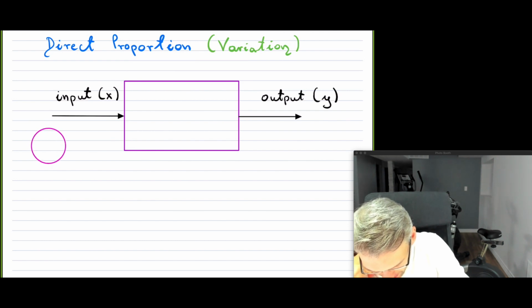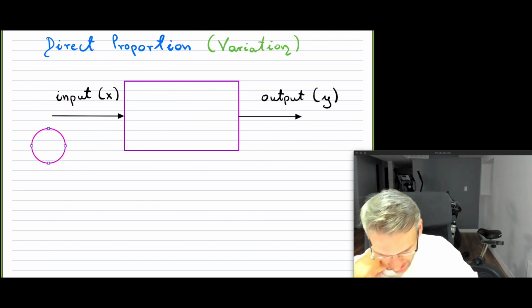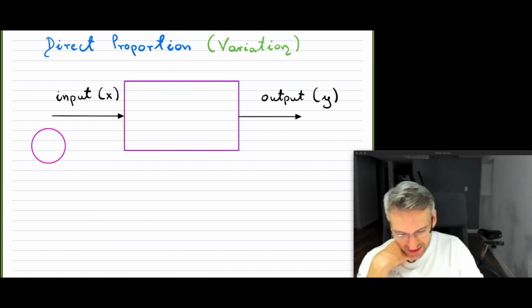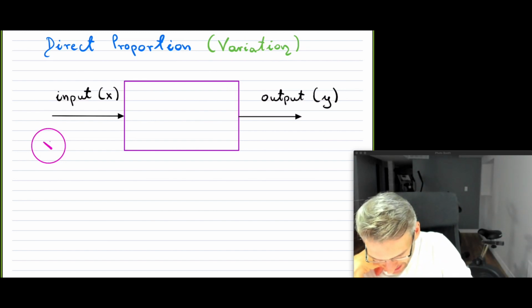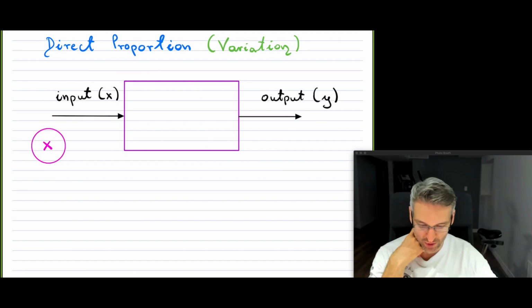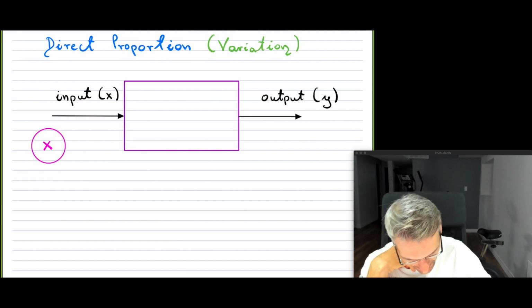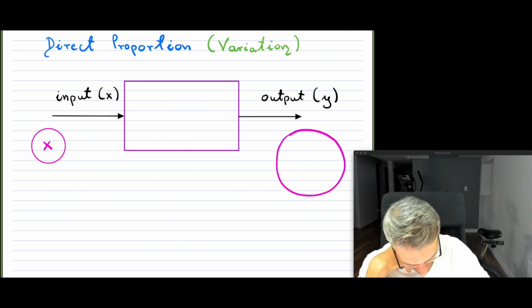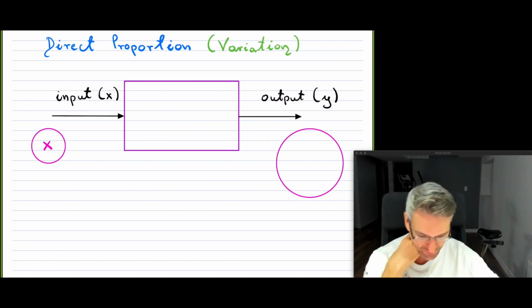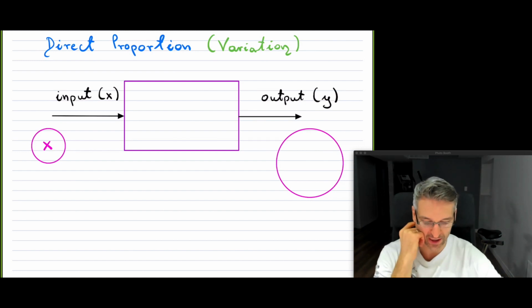Let's say that is my input, and so that's my X. My X is this ball going inside, and then some magician, me I guess, you put this ball inside this box, and all of a sudden you notice that the ball has grown. It has gotten bigger.